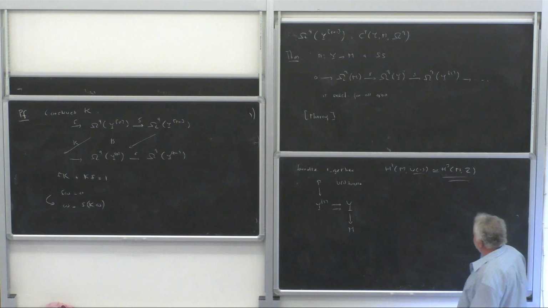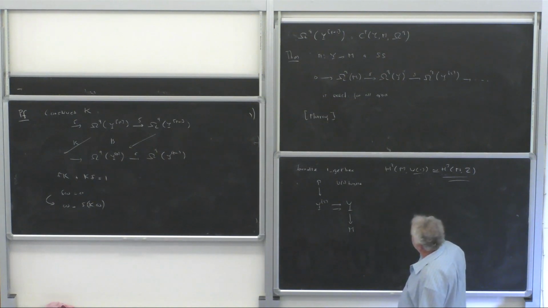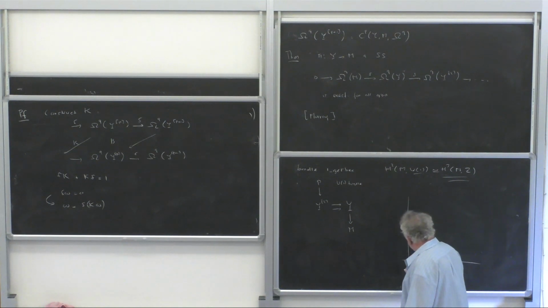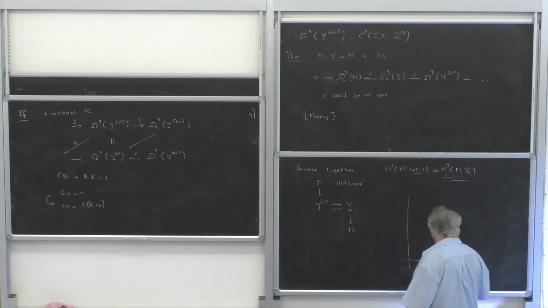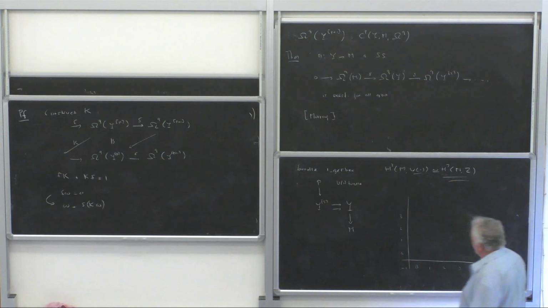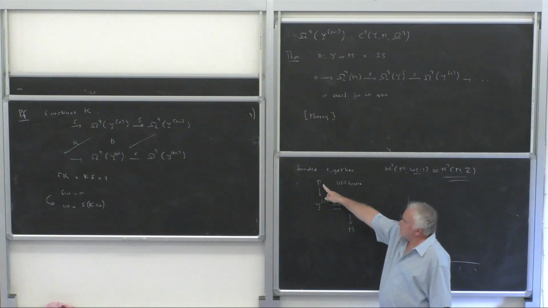I just want to draw the diagram for a connection, or connective structure, on such a bundle 1-gerbe. So it's the same picture, but now in degree higher. A connective structure should of course be a connection on this U(1) bundle.